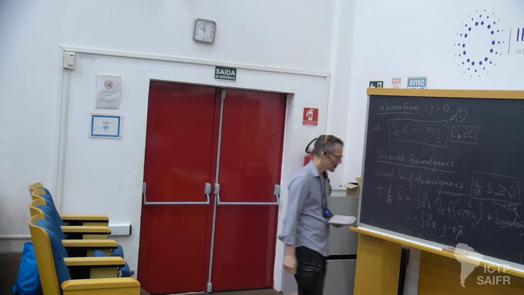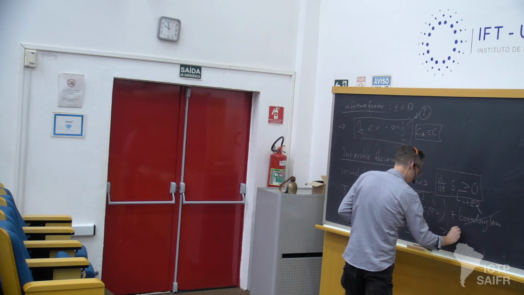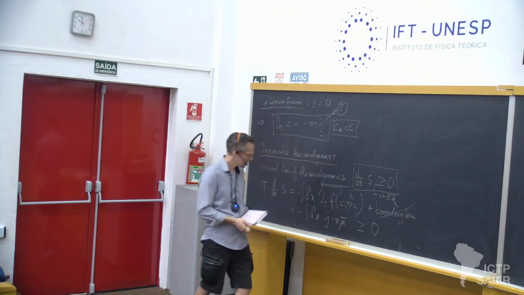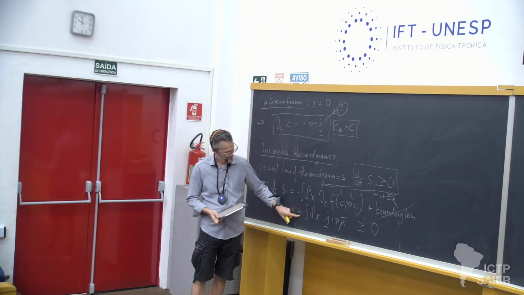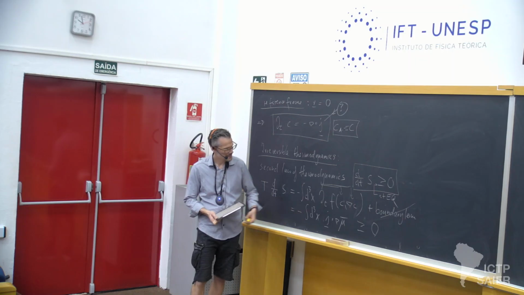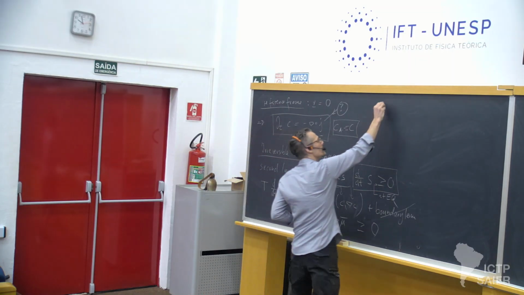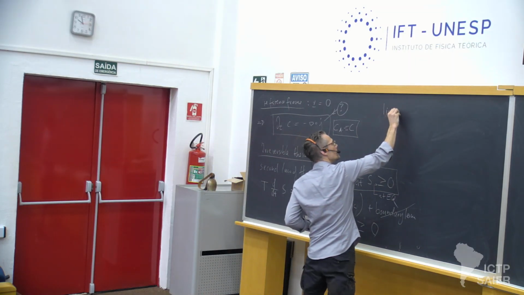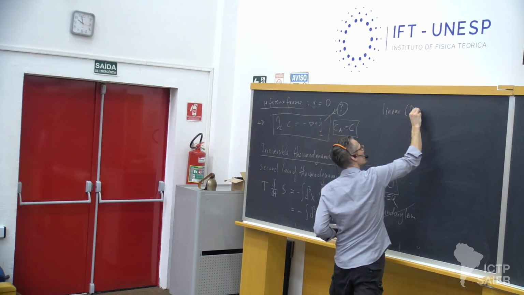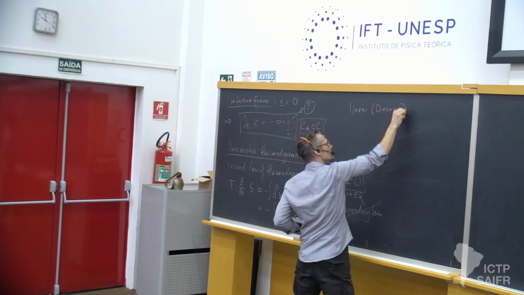And how to make this positive? Well, here's already a negative sign. To make this positive, I can come up with what is called the linear Onsager response.